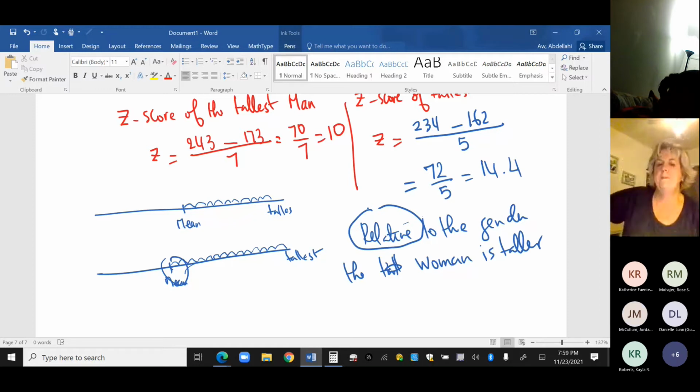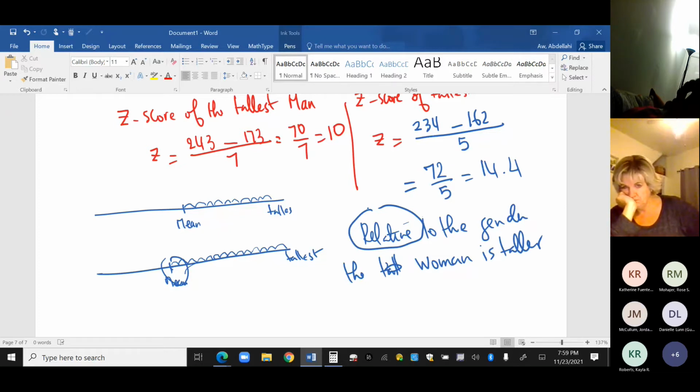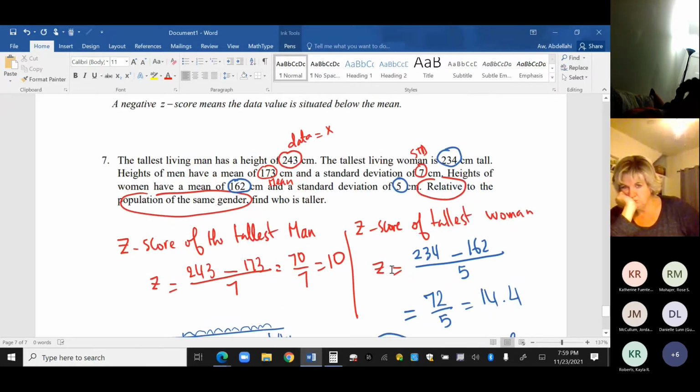Of course, the man is taller, because when they stand side by side, everybody is going to see who is taller, right? But we're not comparing them together. We are comparing each one of them in his own gender, okay?